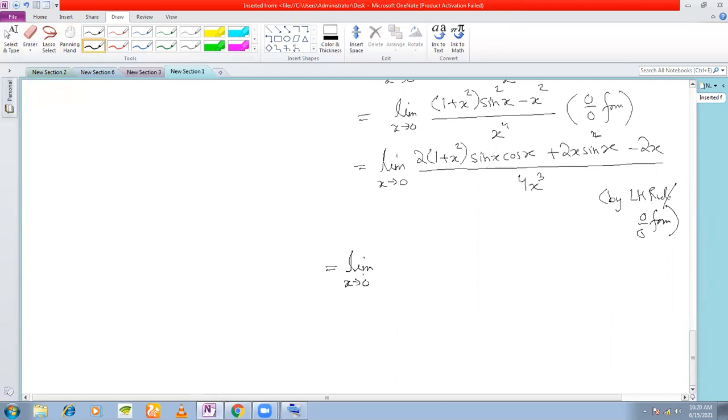But before applying L'Hospital's rule, what you can do is see that you have a 2 sine x cos x here. So you can write this as 1 plus x square sine 2x plus 2x sine square x minus 2x divided by 4x cube. Now it will be easier to differentiate.